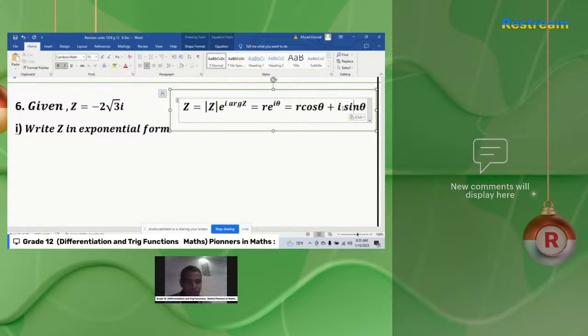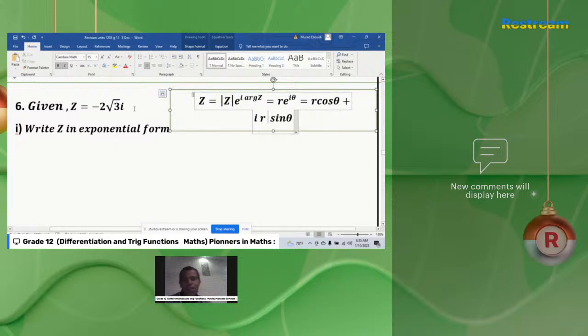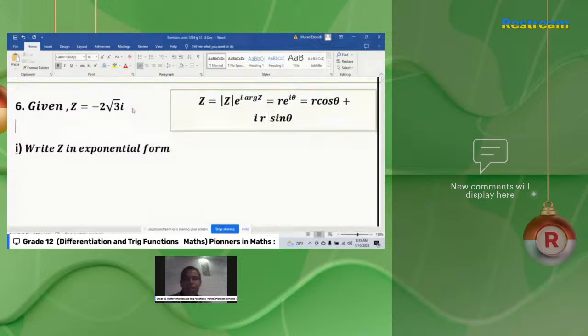Of course, here there is i multiplying this one. This is the explanation before we start.